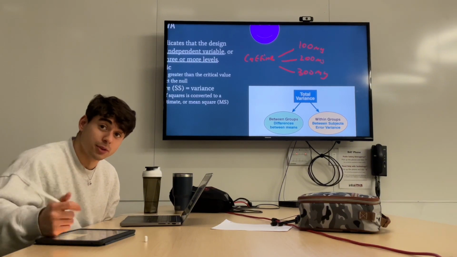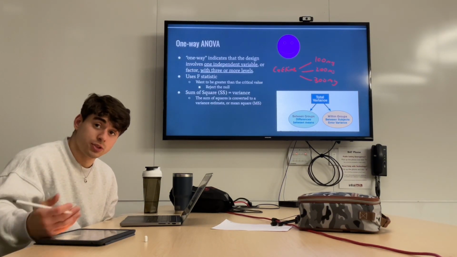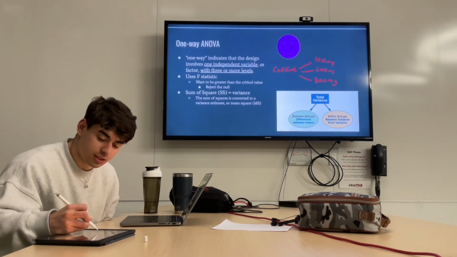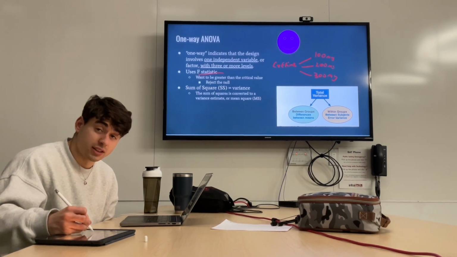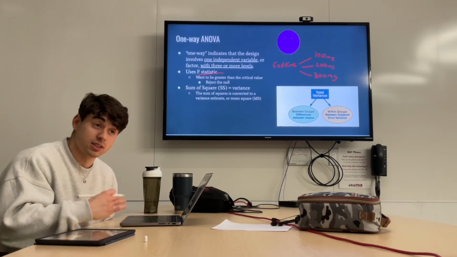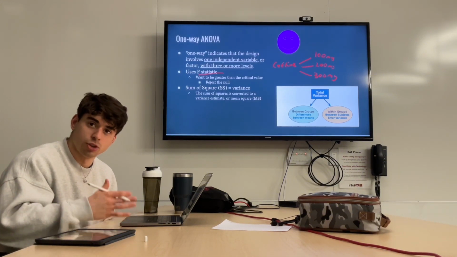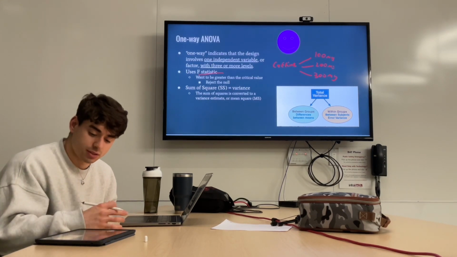Okay, 3 levels. Since we have 3 levels, we need an ANOVA. You use the F statistic, and if it's greater than the critical value, we reject the null. It's the same concept as the t-test. Greater than the critical value, reject the null, because you're showing that it makes a difference.